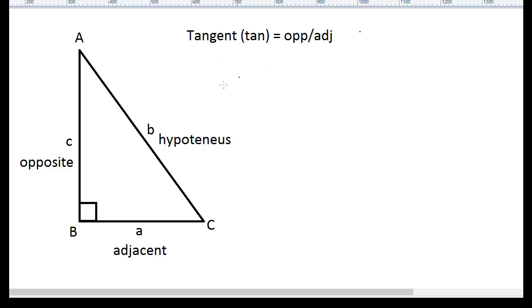So it wouldn't really matter if we took this triangle or a congruent triangle. If I drew a line here and used this line here or this line here, it wouldn't matter, because these are all congruent or similar triangles, this angle here would always still be the same angle C, and the proportion of the opposite to adjacent would always be the same.